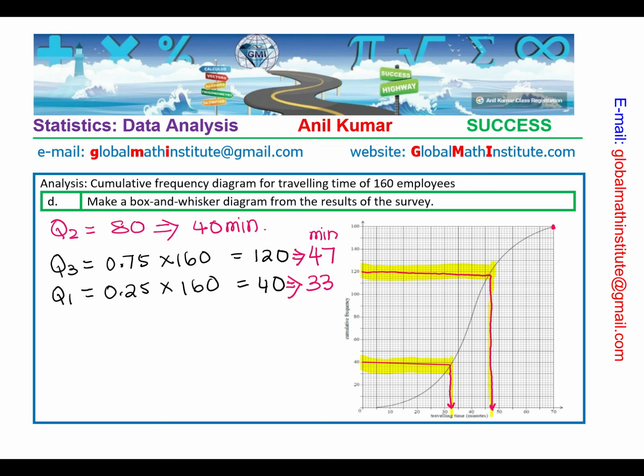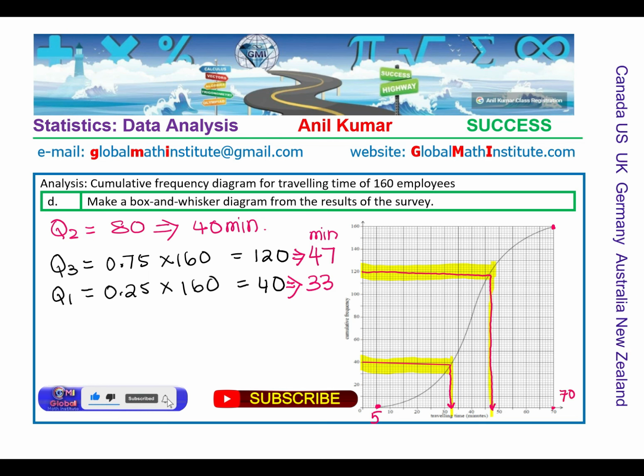The lowest and highest values are also given to us. The lowest is at 5 and the highest is at 70. So that helps us to sketch the box and whisker diagram. So let's sketch it now.